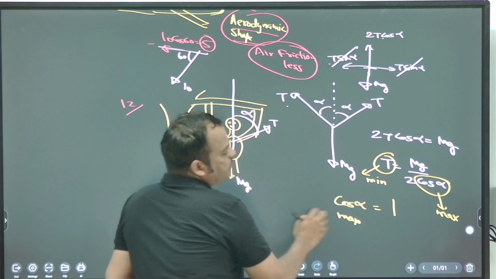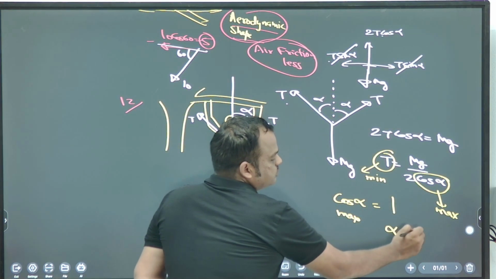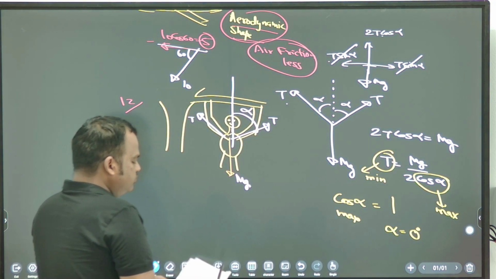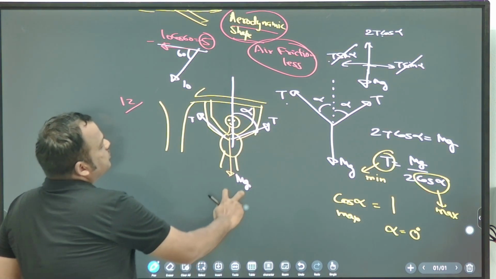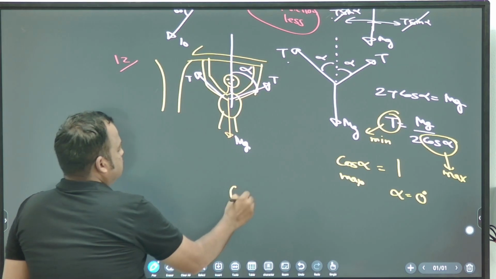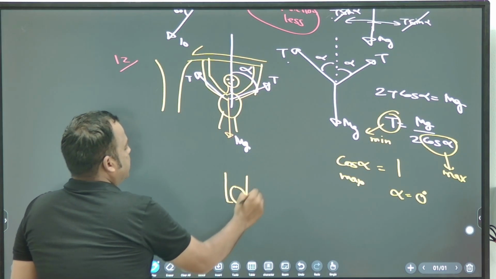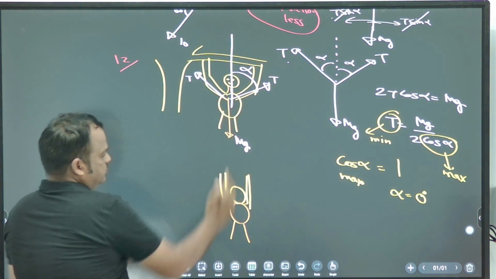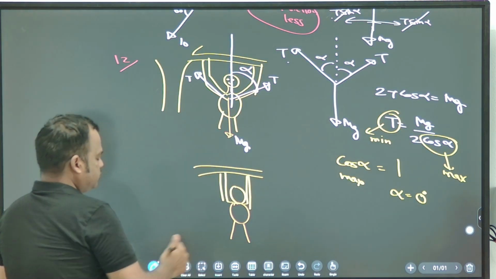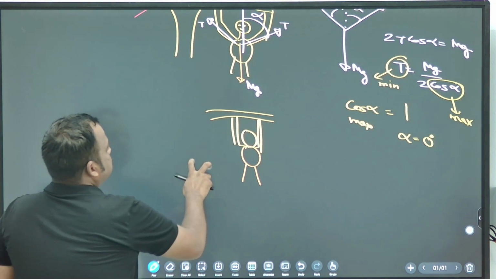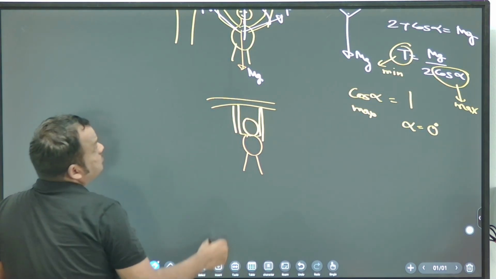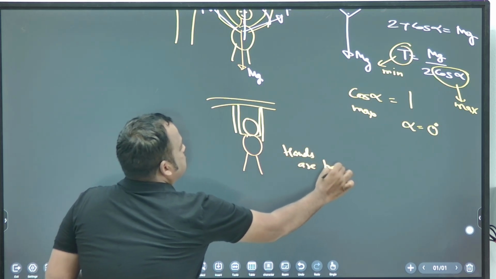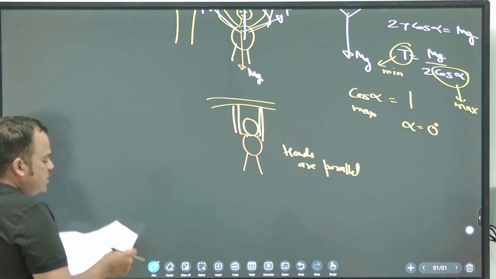So if cos alpha is 1, what is alpha? 0 degree, correct. So hands should be vertical like this. Both hands are parallel. Angle is 0.